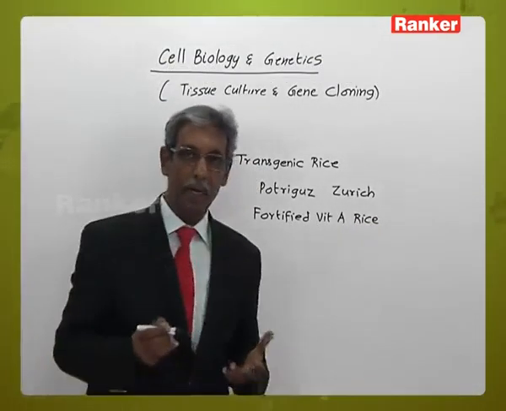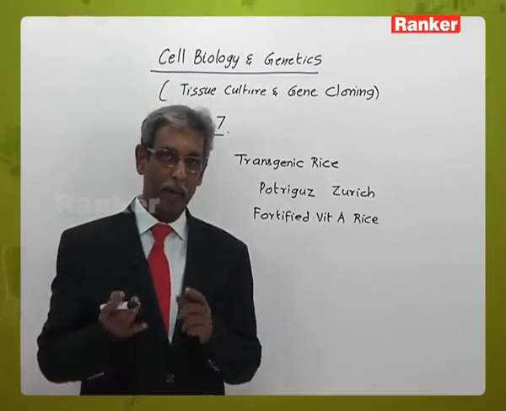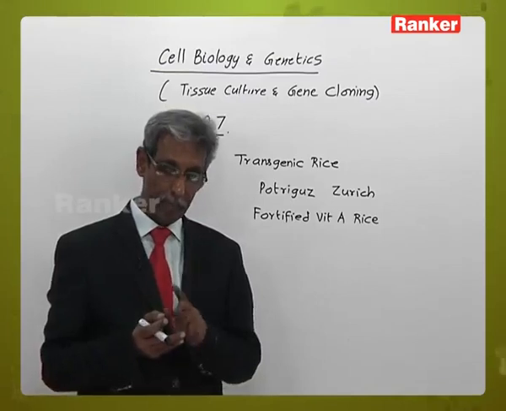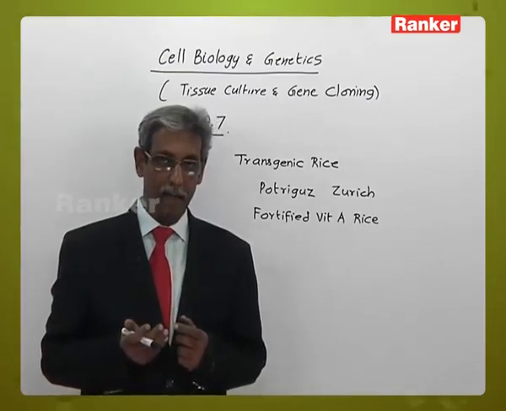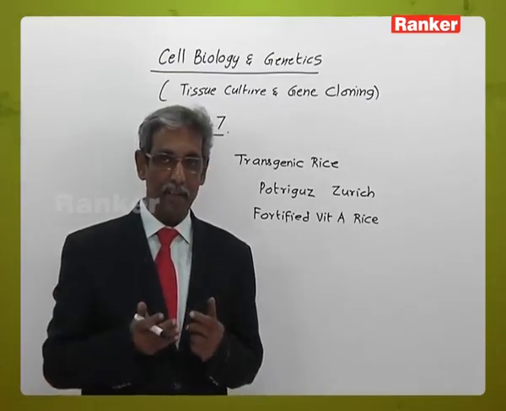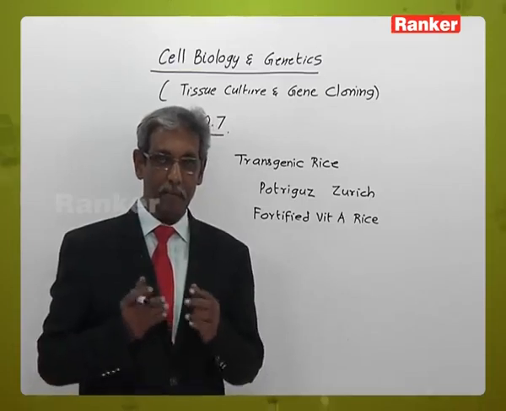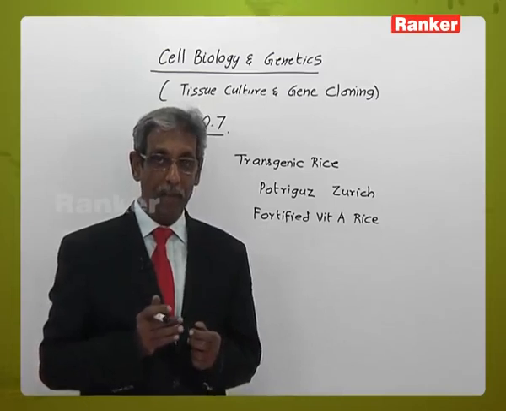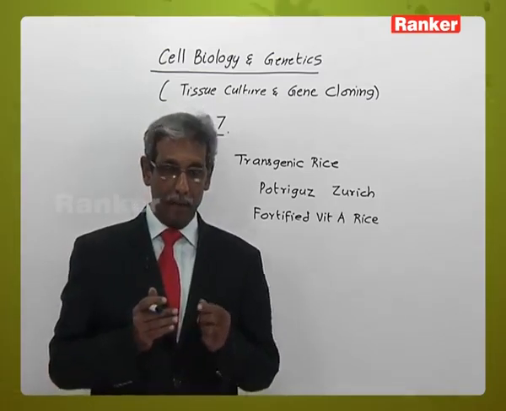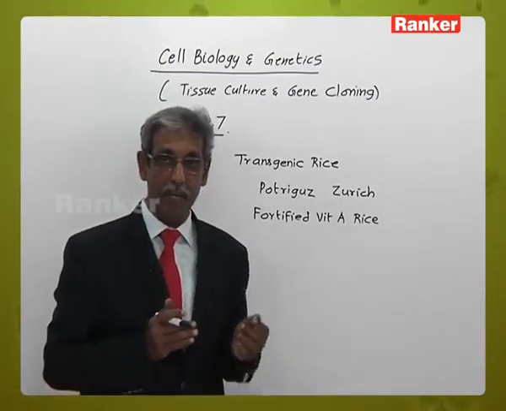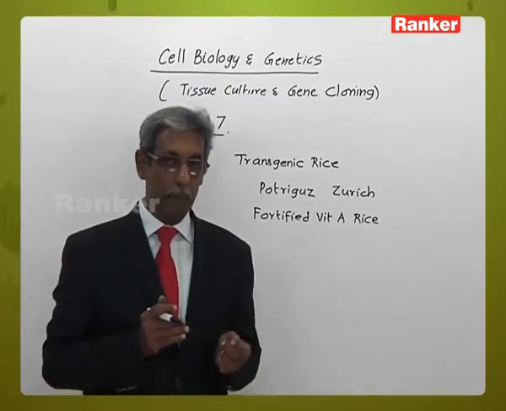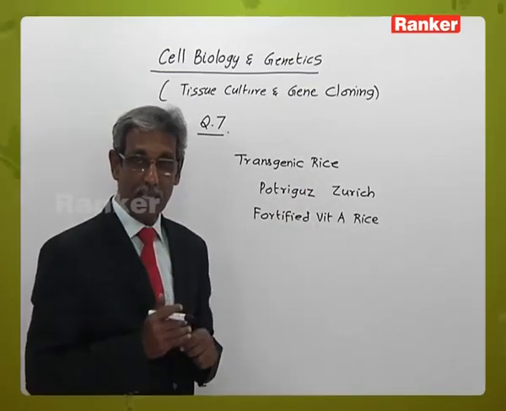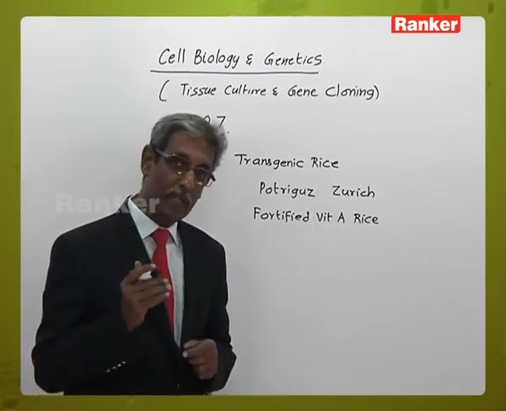Normally in order to remove blindness or to remove deficiency due to lack of vitamin A in developing countries as well as in less developed countries where the staple food has been rice, it is the most important objective that rice should be fortified or enriched with vitamin A. So, primarily in Zurich, Potrykus developed transgenic rice. So, what happens in the case of the transgenic rice?